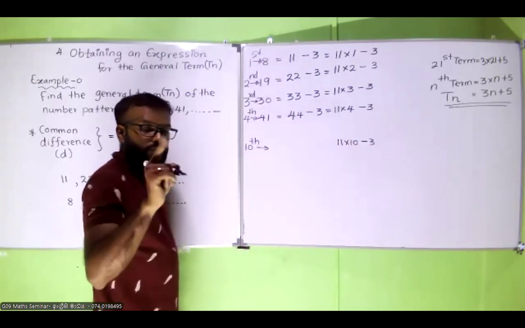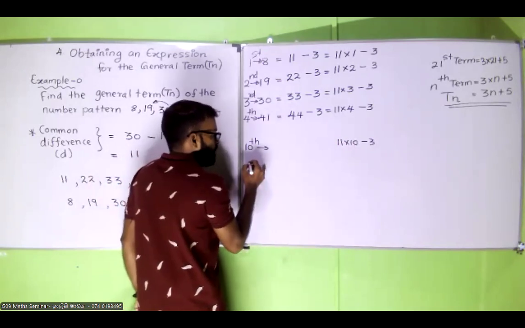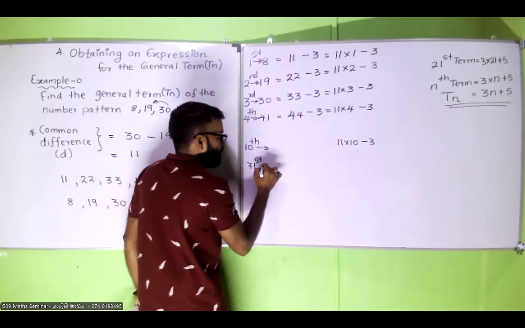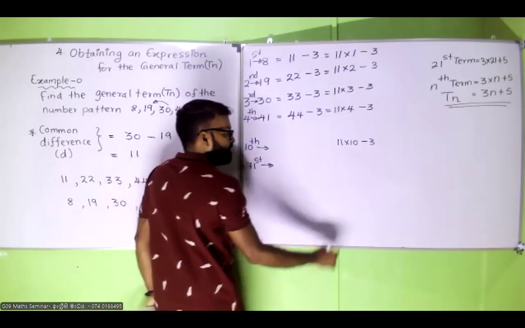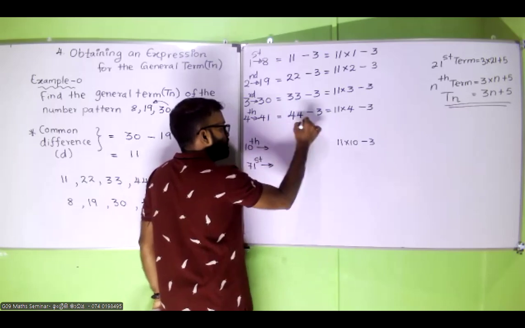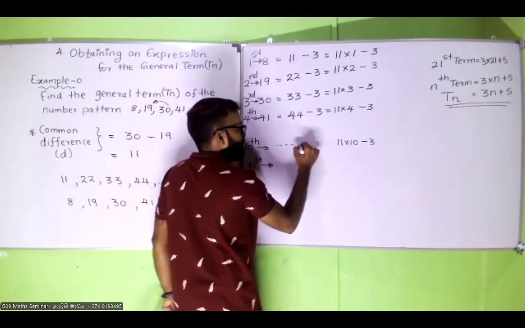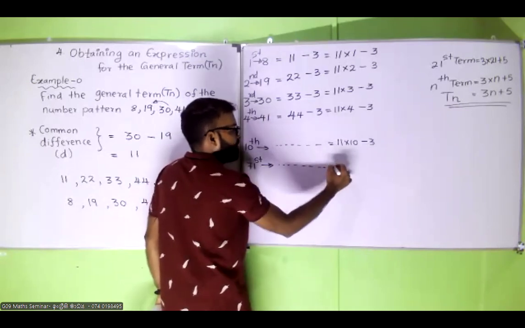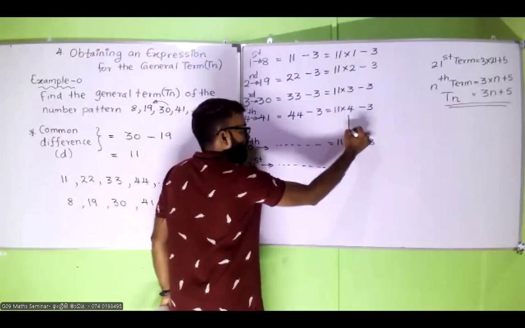If you want to obtain the 70th term, how are you going to obtain it? You cannot fill this part because you do not know it, but you can fill this one.